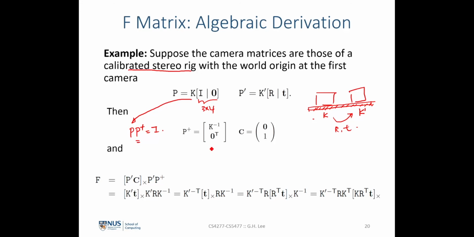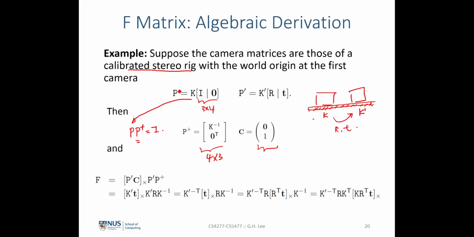As a result, we see that this is equivalent to K inverse stacked over 0 transpose, which is a 4 by 3 matrix. And C, the camera center: since we define the first camera projection matrix to be in canonical form, it simply means that the camera center of the first camera is 0, since the world frame is aligned with the camera coordinate frame.